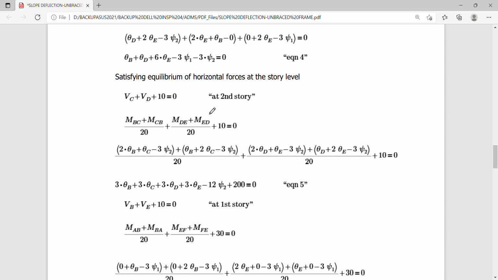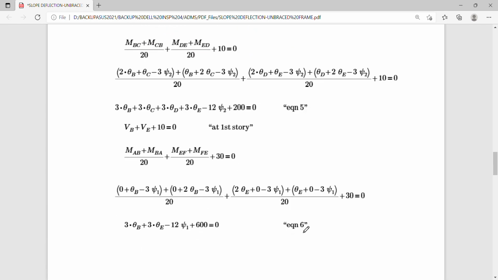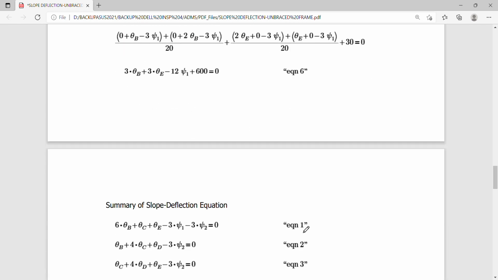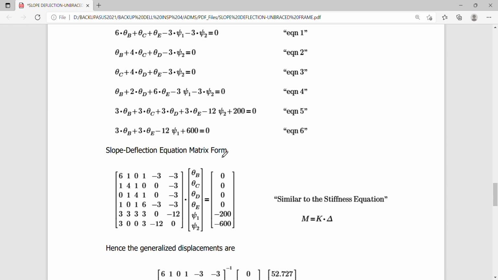At the second story, you have this as your equation 5. The first story, you have this as your equation 6. And simplifying things out, summarizing all the slope deflection equations from 1 to 6, we have actually 6 equations with 6 unknowns. We do the computation in a matrix form.